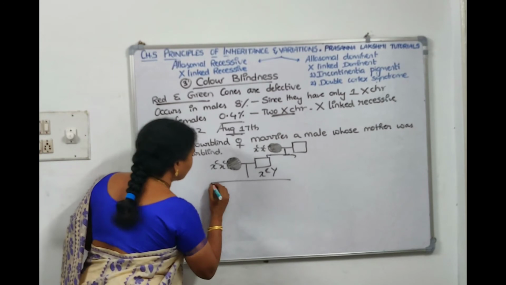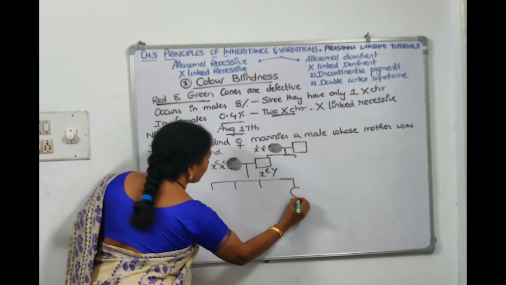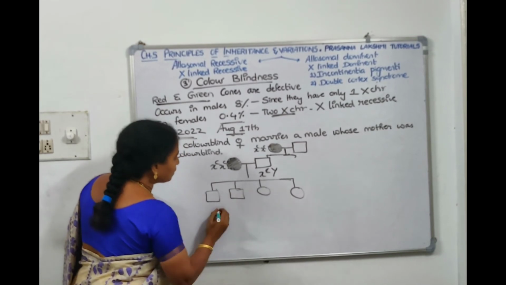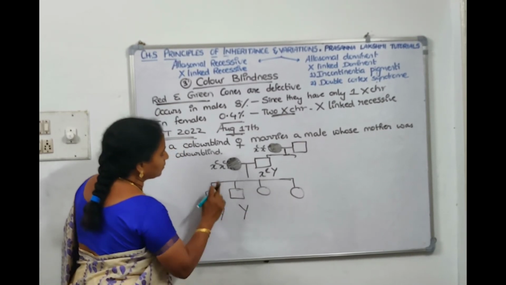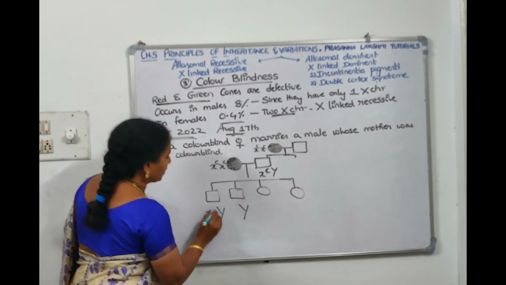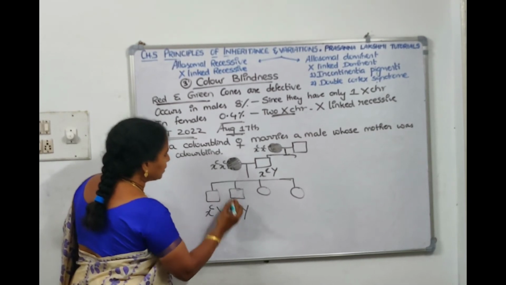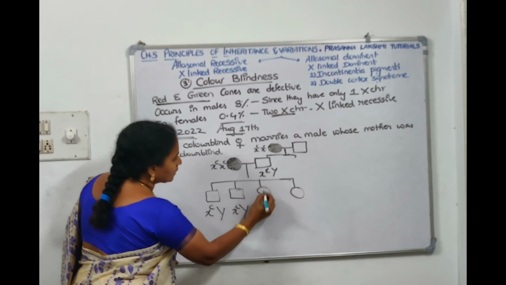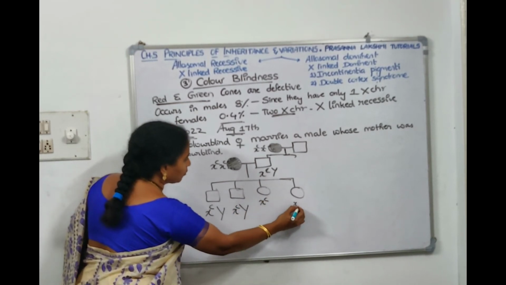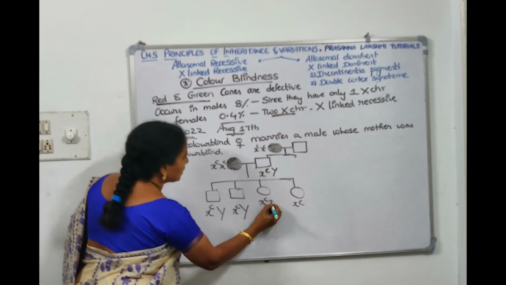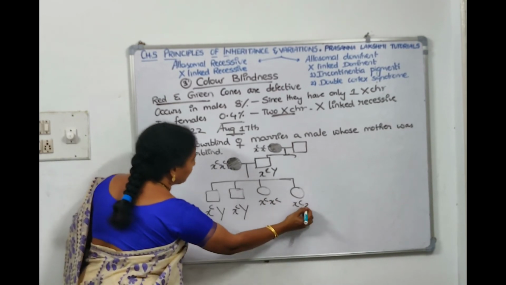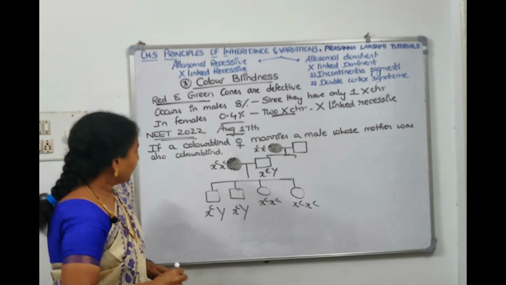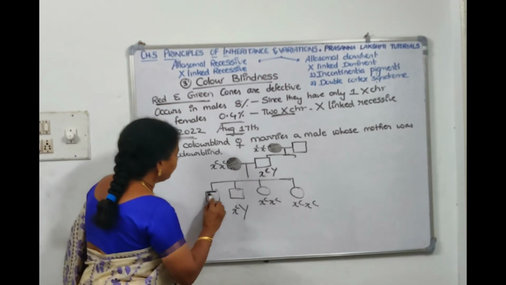When they give birth to 4 children, 2 daughters and 2 sons, sons will get the Y chromosome from the father and an X chromosome from the mother. Girls will receive this Xc from the father for sure, and an Xc from the mother. So in boys, if one Xc is there, they are affected.